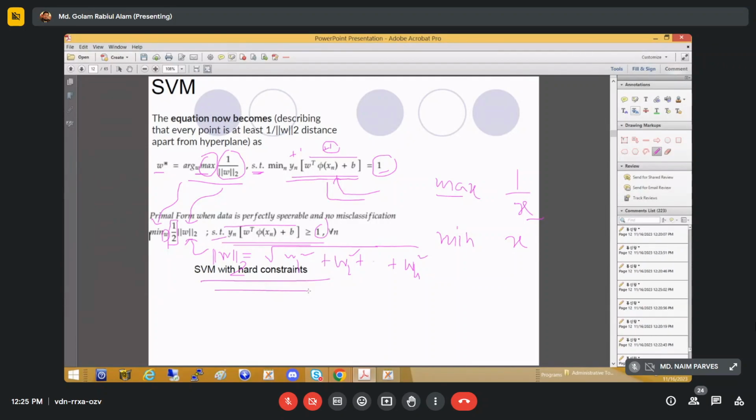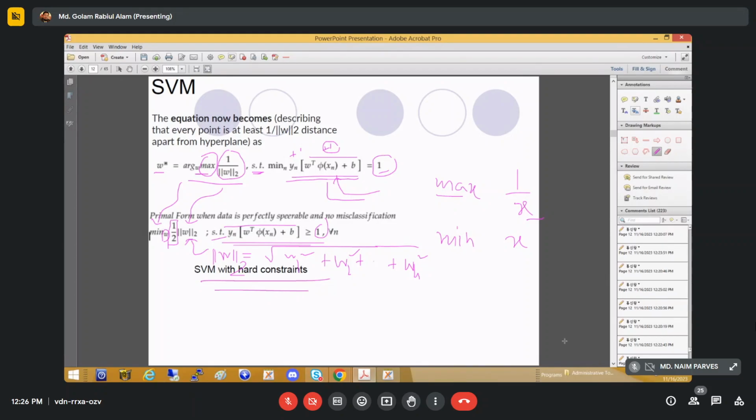That's why we need some flexibility of misclassification. That means we need to incorporate something so that it can allow a few misclassifications. If we allow a few misclassifications, then in testing time, when we apply the test set to our model, it will perform better. And we have already discussed those things in the bias and variance problem.